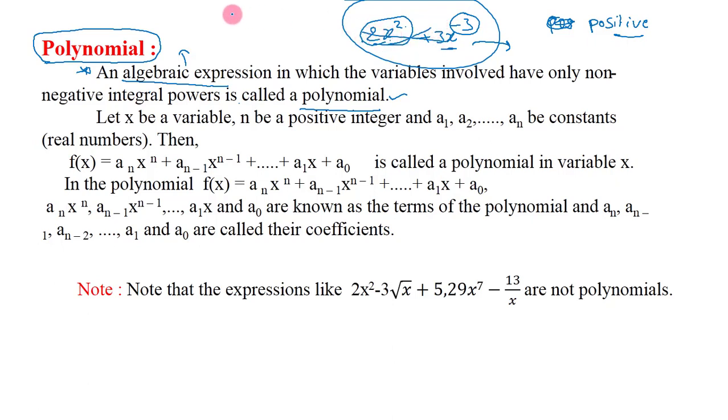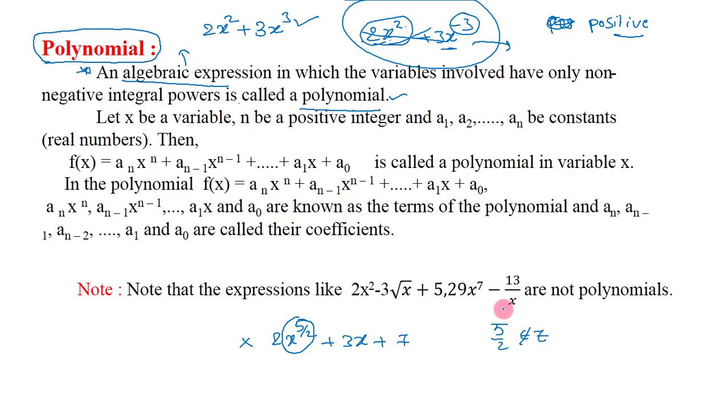If it can be written in a suitable form, then it is said to be a polynomial. Now if you observe this, 2x to the power of 5 by 2 plus 3x plus 7. Can we call it a polynomial? No, this is also not a polynomial. Why? Because the power of the variable in the first term is 5 by 2, which is not an integer.